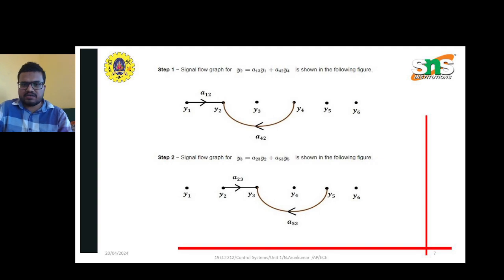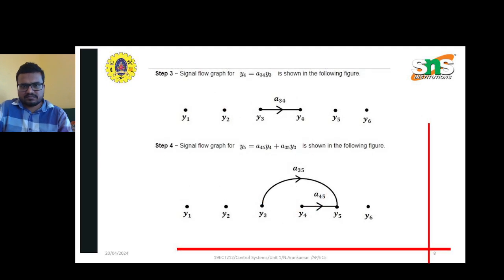So based on the equations, we can draw the signal flow graph.